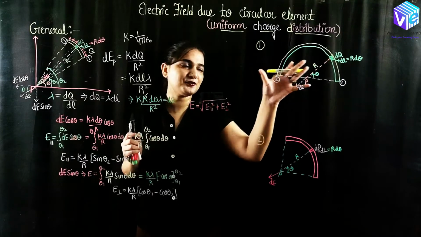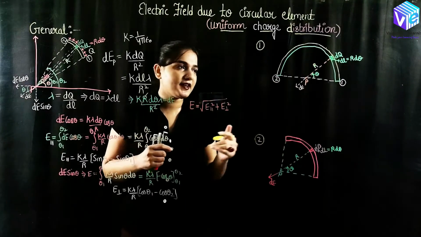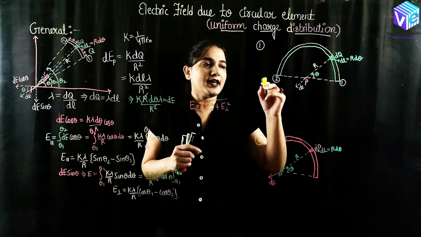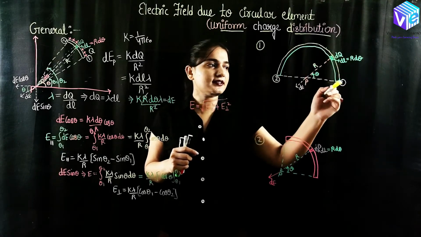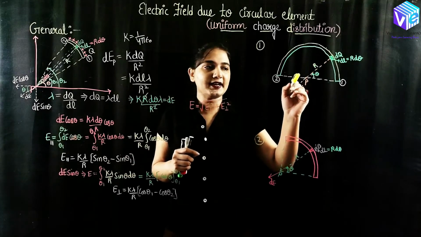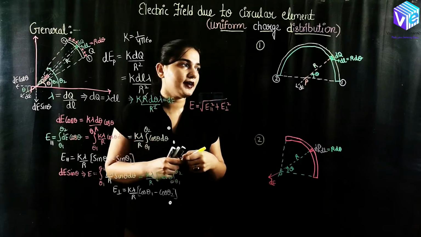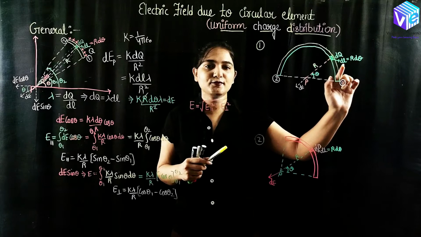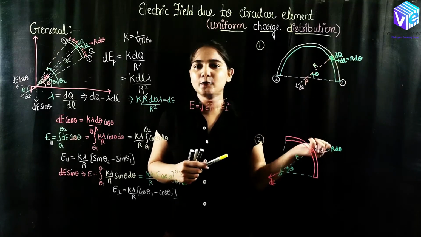So now coming to the application of this formula. Now we will be seeing the specific cases. So this is my case 1 and this is my case 2. Here I have taken the half ring. Okay, so here you can see this is my point 1, this is my point 2, and now I have to find out the resultant electric field at the point P. Now here if I have taken my small element here, this is my small element dl, and the charge due to this small element will be dq.